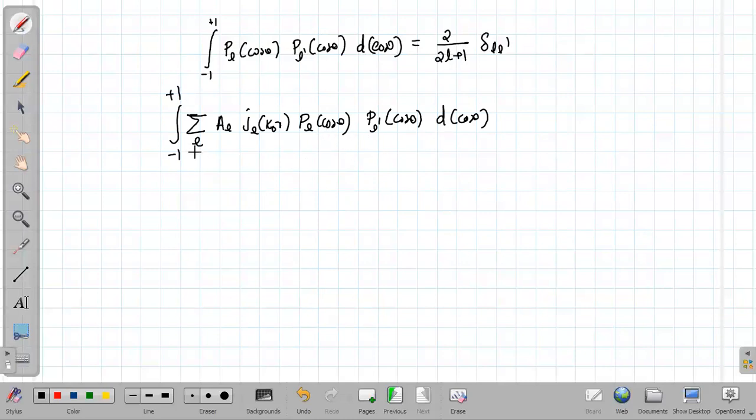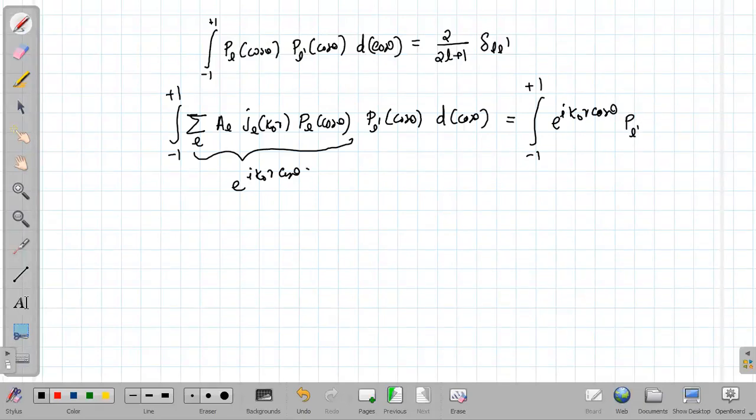Remember, this term is nothing but e raised to I K0R cos theta. So this integration can also be written as the integral from -1 to +1 of e raised to I K0R cos theta PL prime cos theta d of cos theta.